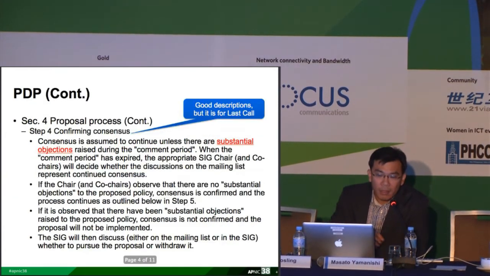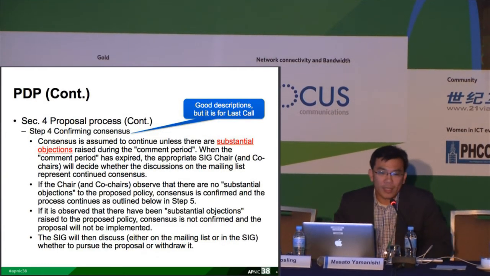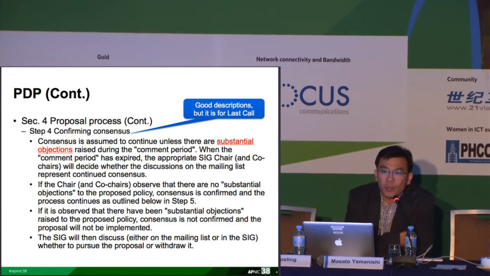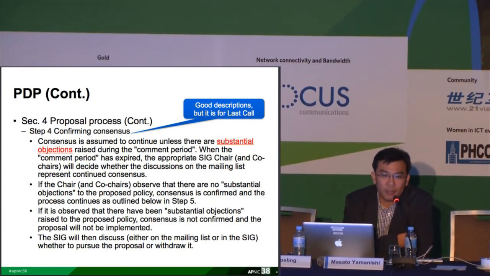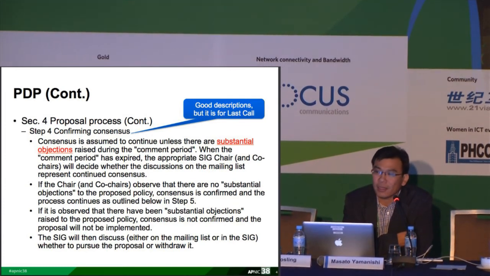Then step 4 actually has more description about consensus, but it's a step for confirming consensus, so it means it is the last call. It says consensus is assumed to continue unless there are substantial objections.